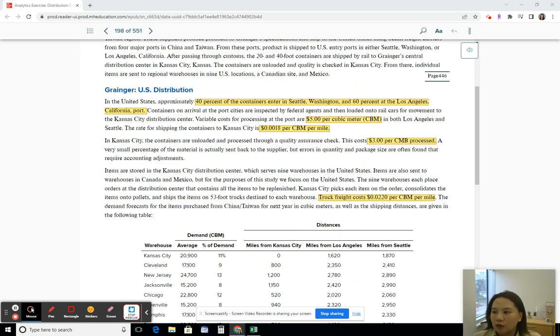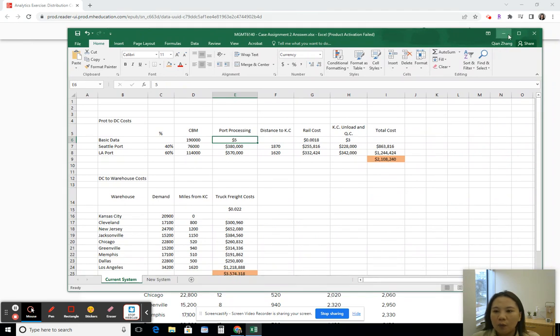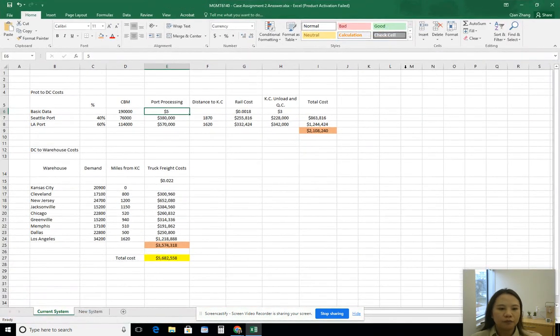And how do we calculate the total cost for the current system? Here it is. We consider the first portion, which is the total cost for the processing, the total cost for the unloading, and also the rail cost from the entry ports, Washington and Los Angeles, to Kansas.